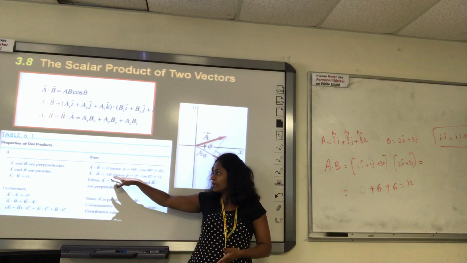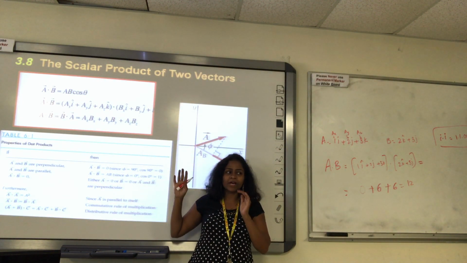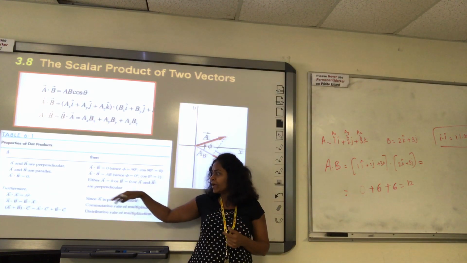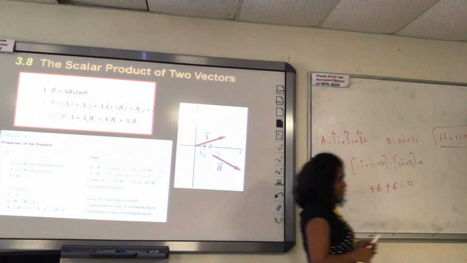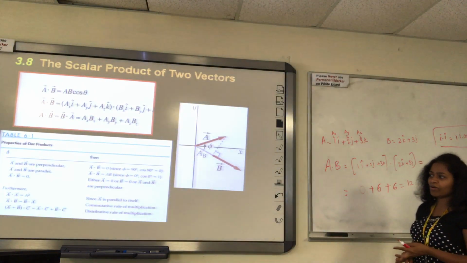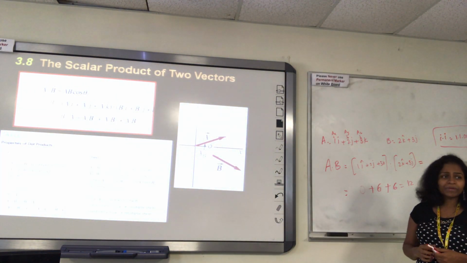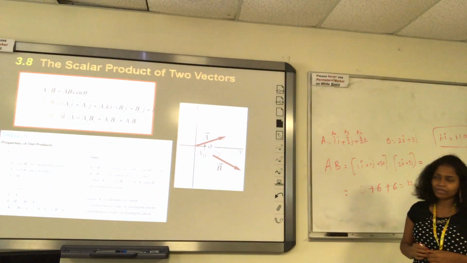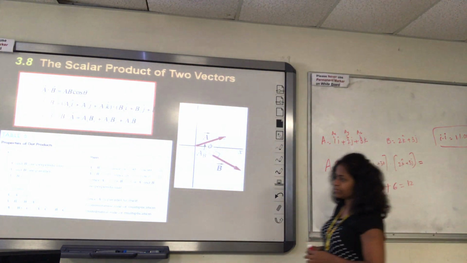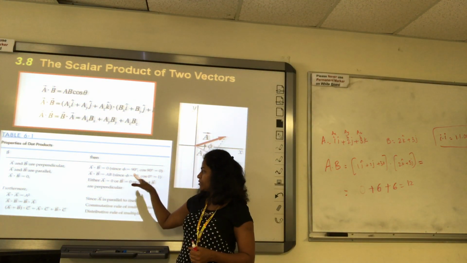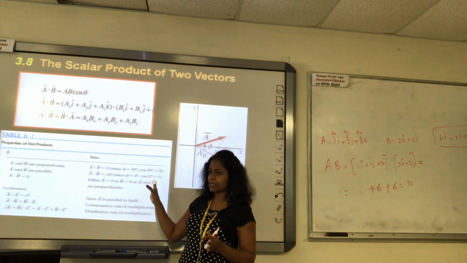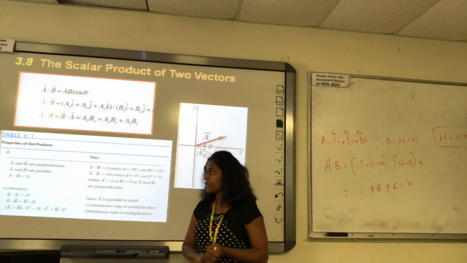So A dot B will be nothing but the magnitude of A times the magnitude of B. And if A dot B is 0, it means either A is 0 or B is 0, or both of them are perpendicular to each other. Okay, so that's what it is. If you have A dot B is 0, then this is 0 or this is 0, or those are perpendicular to each other. So those 3 are the key rules.